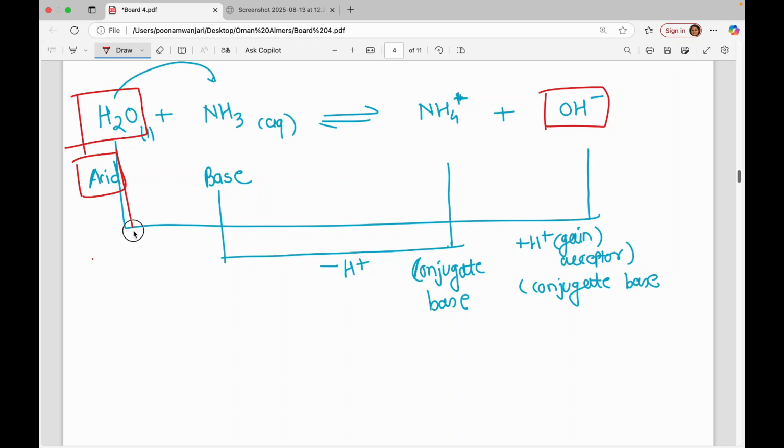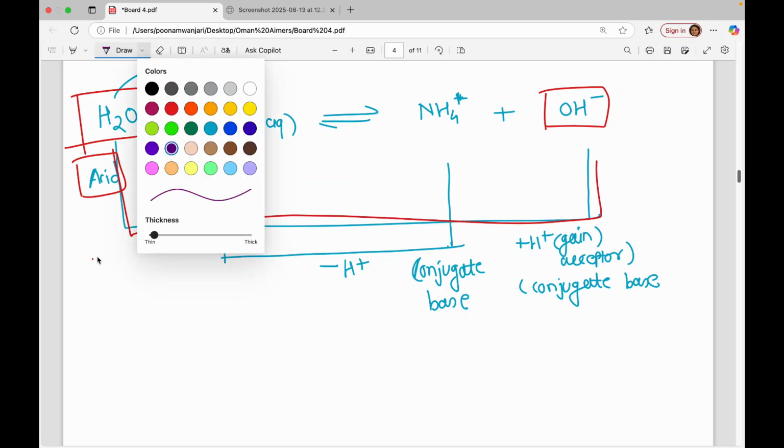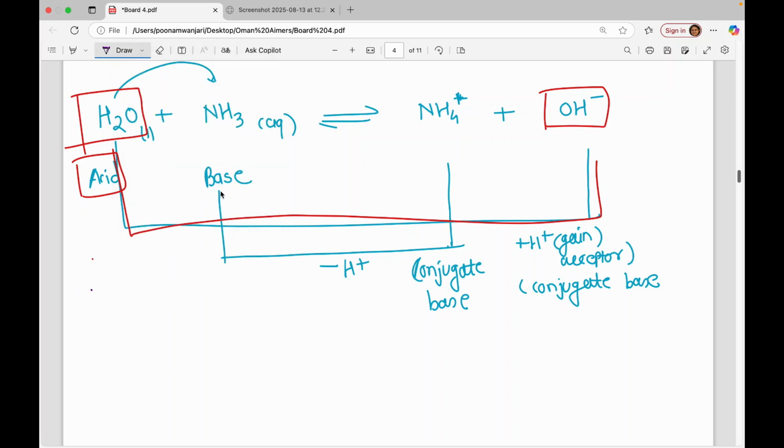This is a conjugate acid base pair. And next to it, ammonia is a base, and it forms the ammonium ion, which is the conjugate acid. So this is a conjugate acid base pair.